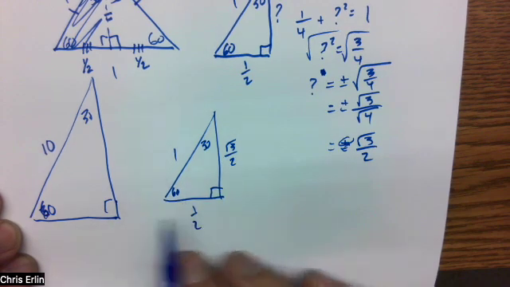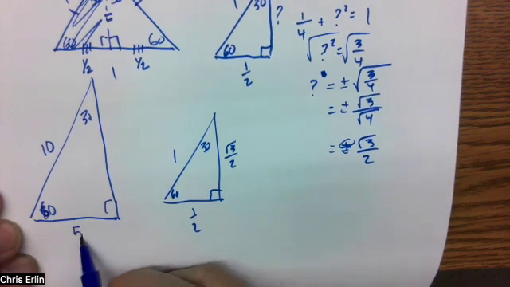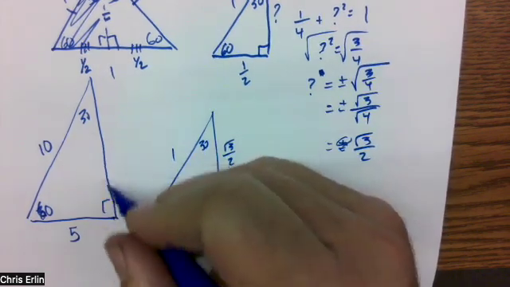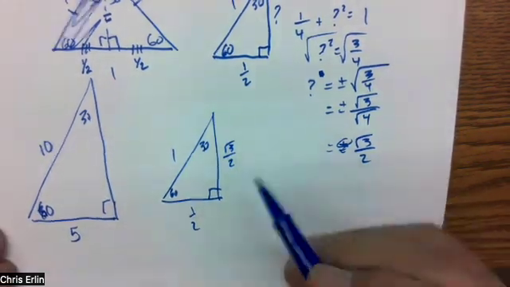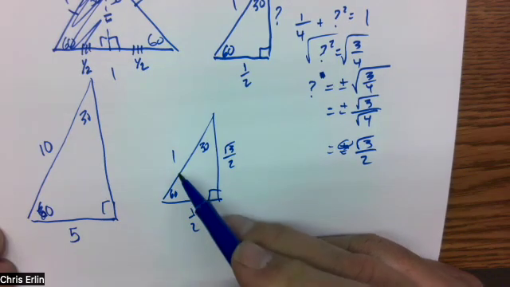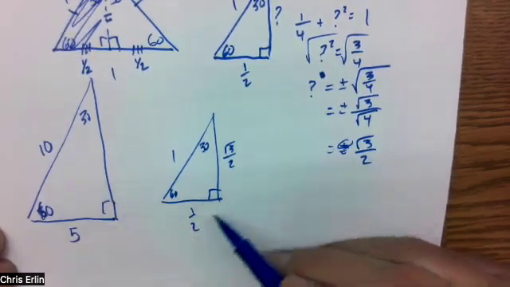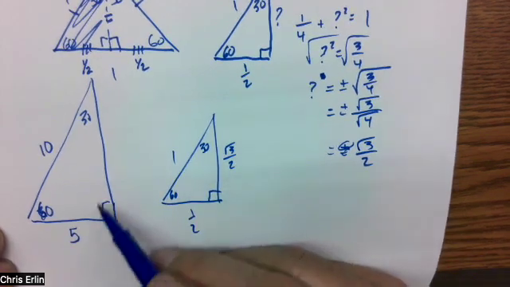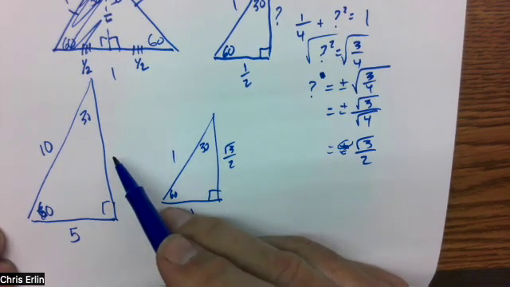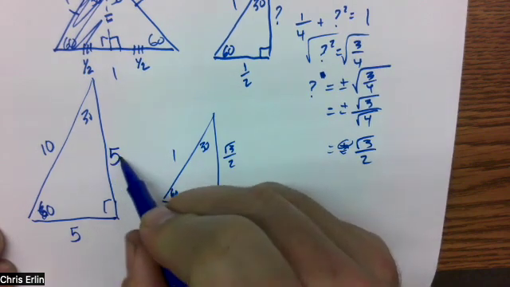Sure, it's going to be half as much. And then how long would this side here be? If I take this one and double it to get here, I take this one and multiply it by root 3 to get here. So what would be this side length? 5 root 3. Good.